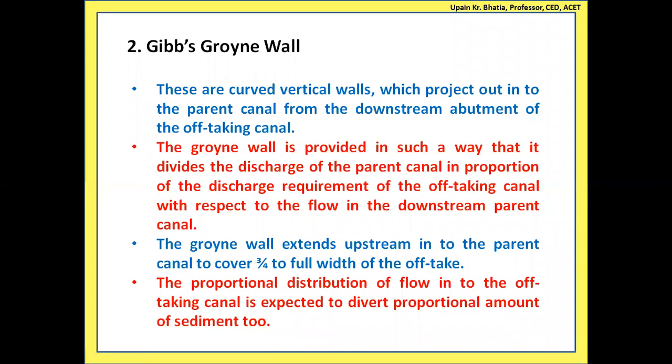So the Gibbs groin wall's function is mainly to divide the flow into two parts, depending upon the proportion in which the oncoming water is to be divided. It is expected that it will also divide the silt content of the water proportionally. So the proportional distribution of flow into the off-taking canal is expected to divert a proportional amount of sediment, or the silt content, also.